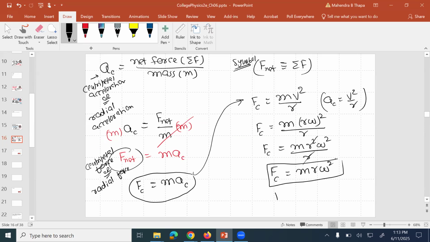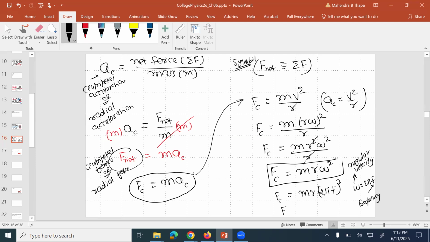You can go further and simplify further. Fc equals m r, omega is 2 pi f. If you remember, omega is 2 pi times f. Here, omega is the angular velocity, and f here is the frequency.